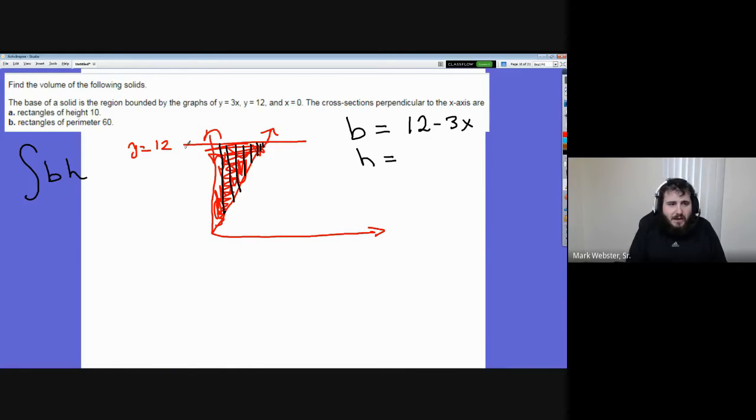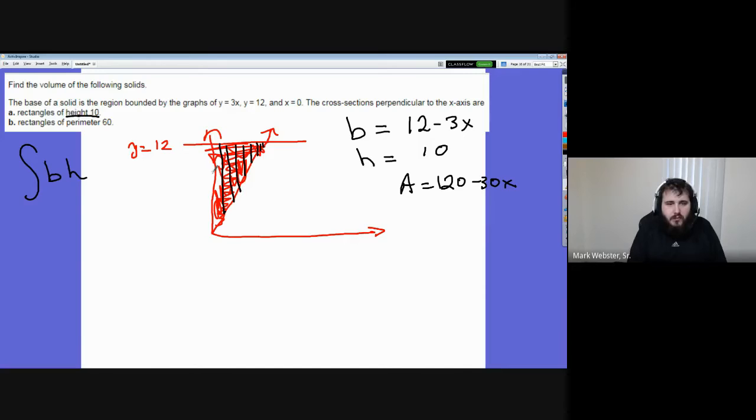And then what's our height? Well, they tell us the height is 10 all the time. So there's everything we need. So the area, base times height, right? So that's great. We don't have to do much of anything at all.